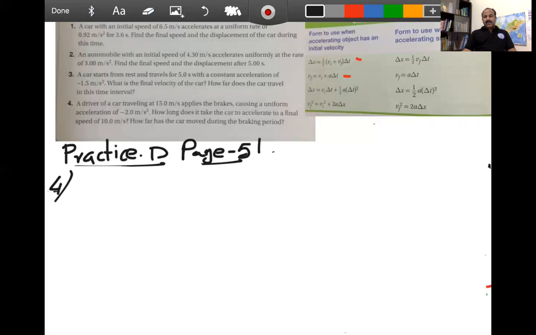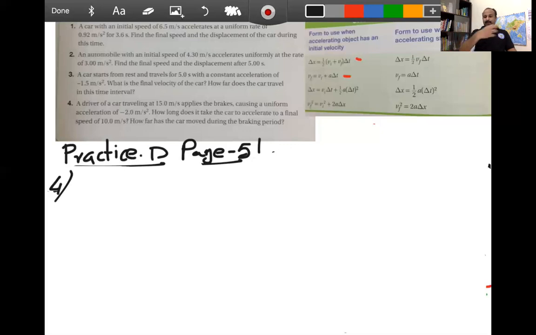Of course, he's going in the positive direction. He's applying brake, so he's slowing down. So that's why the acceleration is negative. How long does it take for the car to slow to a final speed of 10 meter per second? So the car reduces speed from 15 meter per second to 10 meter per second. What will be the time taken for this? That's the question. And also they're asking how far has the car moved during this braking period.